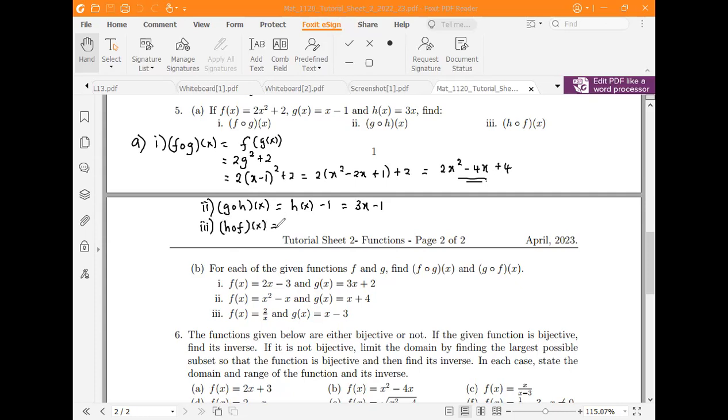This means in h, where there is x, you put f. That is 2x squared plus 2. Okay, so that would be 6x squared plus 6. Like that.